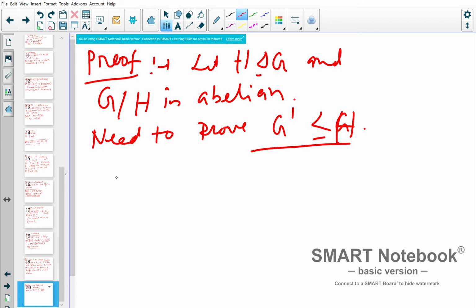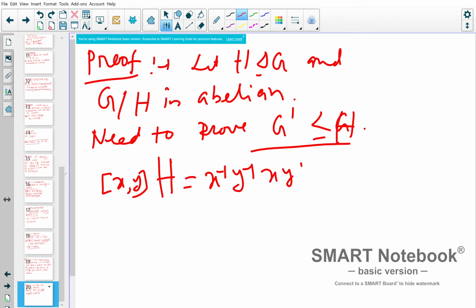So let me start with a commutator. Given a commutator x inverse y inverse x y, I want to prove this is an element of H. So let us find the coset of this with respect to H. The coset will be of the form x inverse y inverse x y H. That means this is of the form x inverse H, y inverse H, xH, yH, right?